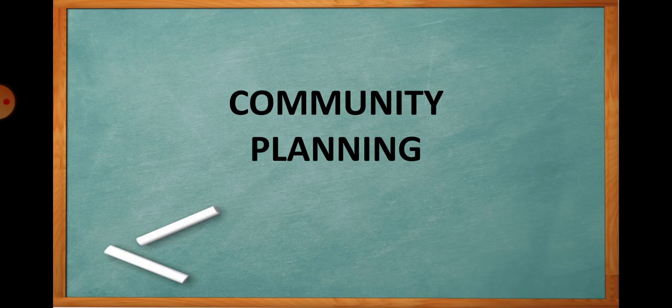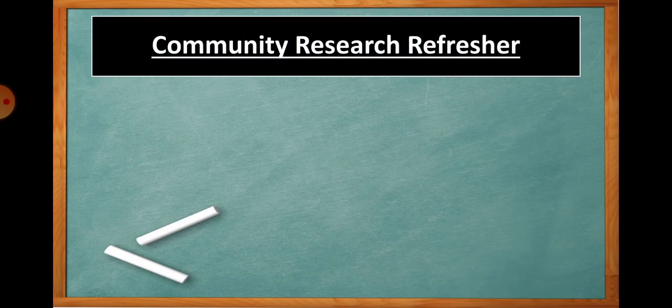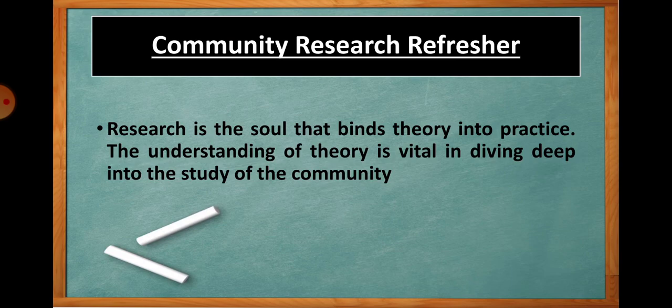Community planning. Okay. Community research refresher. Research is the soul that binds theory into practice. The understanding of theory is vital in diving deep into the study of the community.